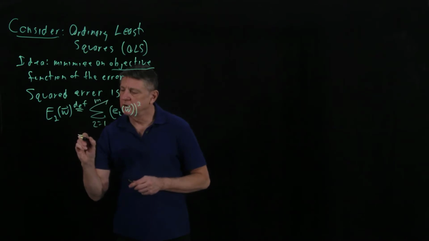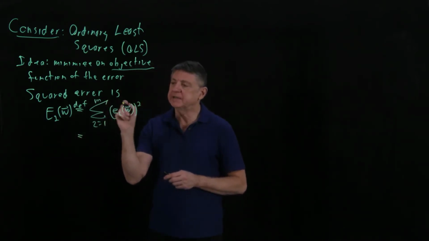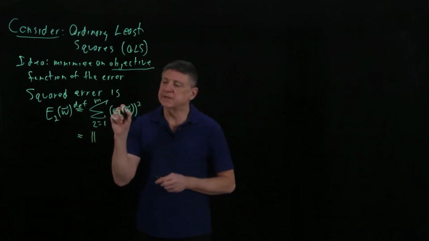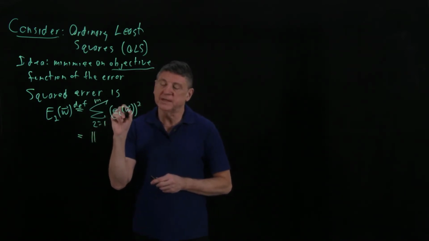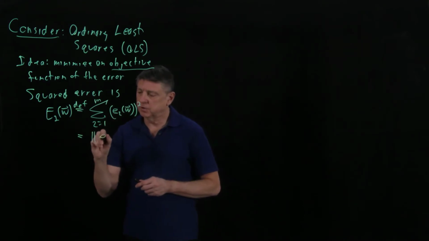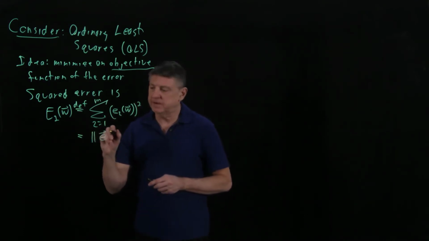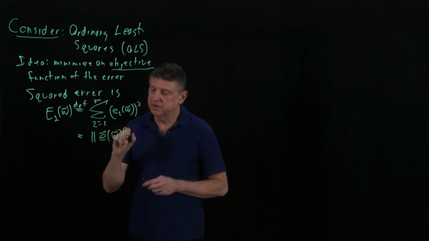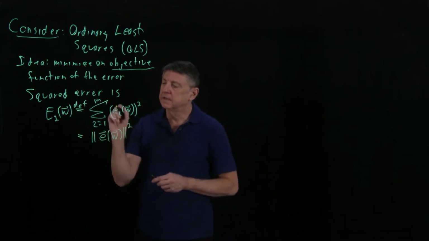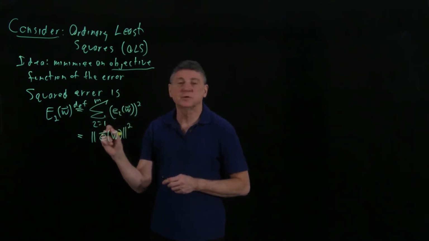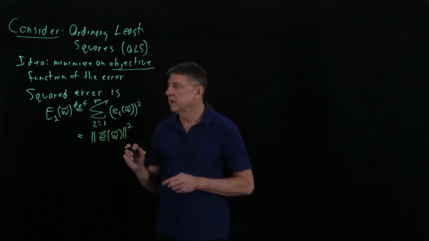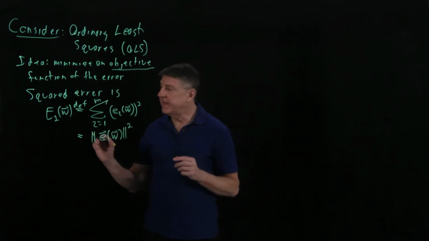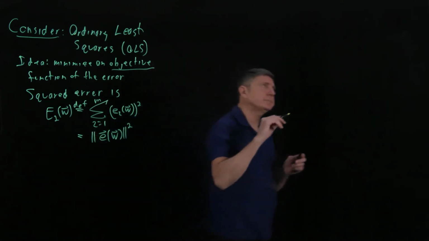And we know that the sum of the squares is the same as gathering these individual errors into a vector, which we'll call E. That vector E depends on the parameters of our model, and the sum of the squares is equal to the squared norm of the error vector.